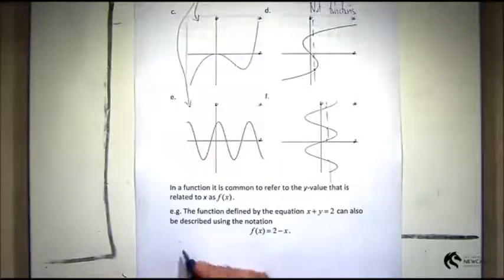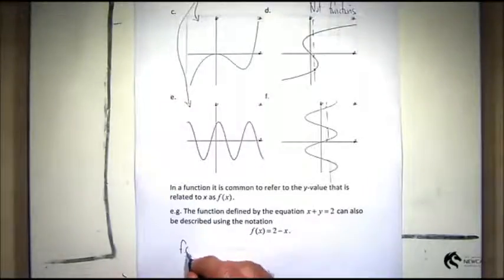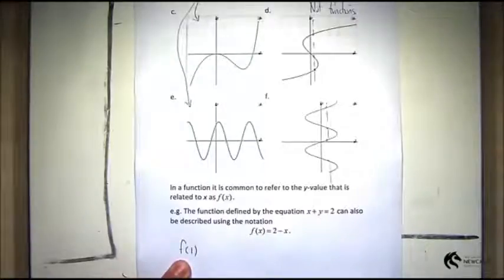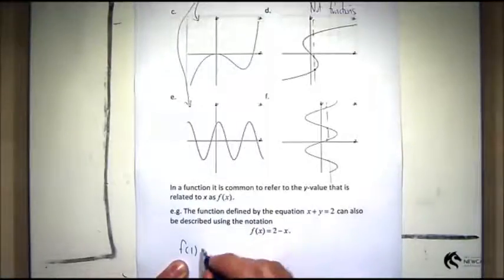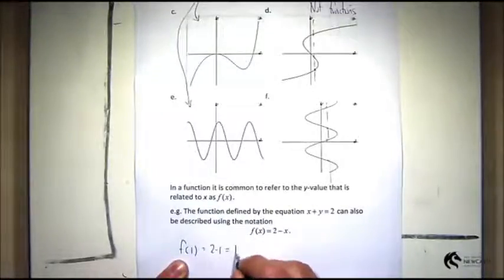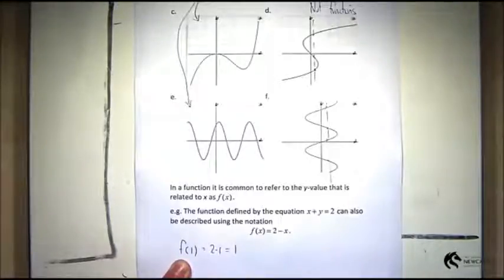And what I could do is I could say, look, that symbol, f of 1, is the y value when x is equal to 1. And as you can see, when x is equal to 1, that's 2 minus 1. So f of 1 is equal to 1, is how we would interpret that number there.